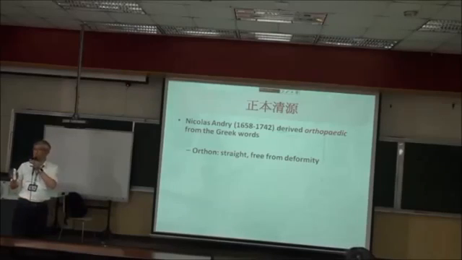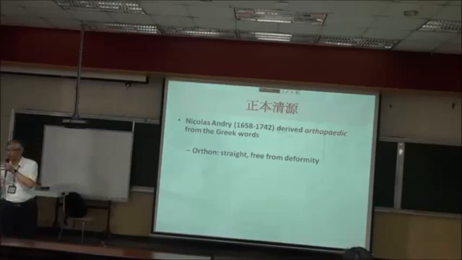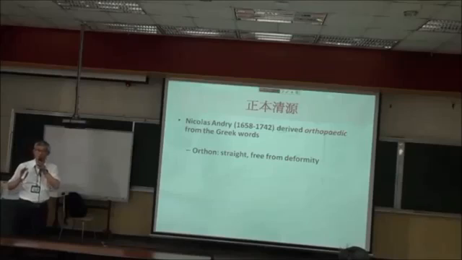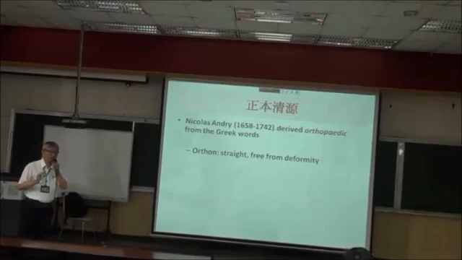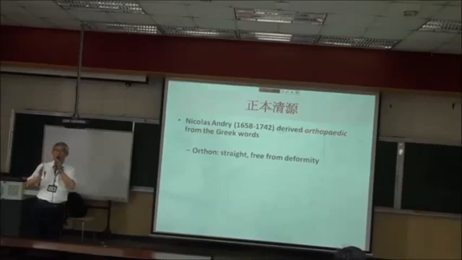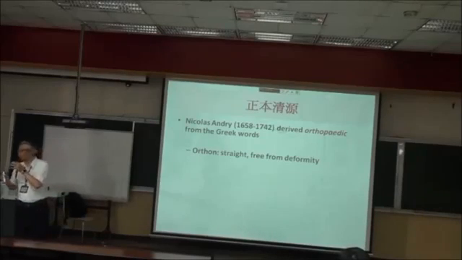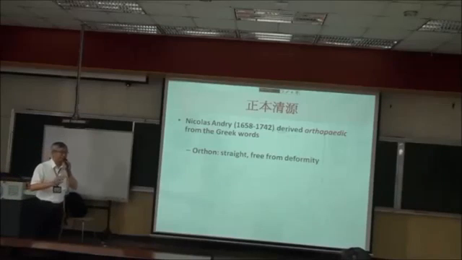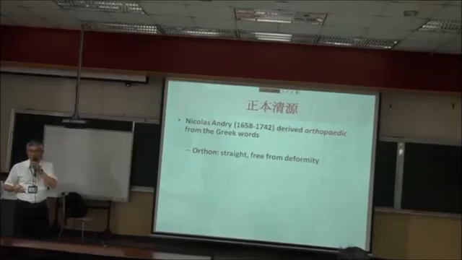So at that time, the orthopedic surgeon was not a surgeon. That's more like our bone setter, chiropractic. They just wanted to change the deformity gradually, not to cut it, not to correct it by surgery. They just did it by manipulation. So that's a kind of chiropractic.